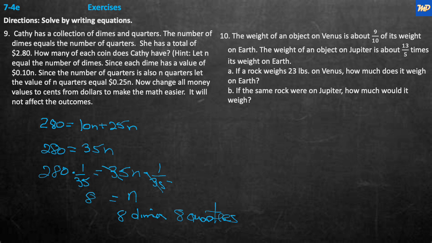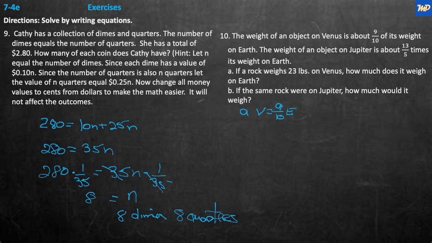If a rock weighs 23 pounds on Venus, how much does it weigh on the Earth? For problem A, first of all, we'll say that on Venus it's 9/10 of the Earth. So we can say Venus is equal to 9/10 Earth.